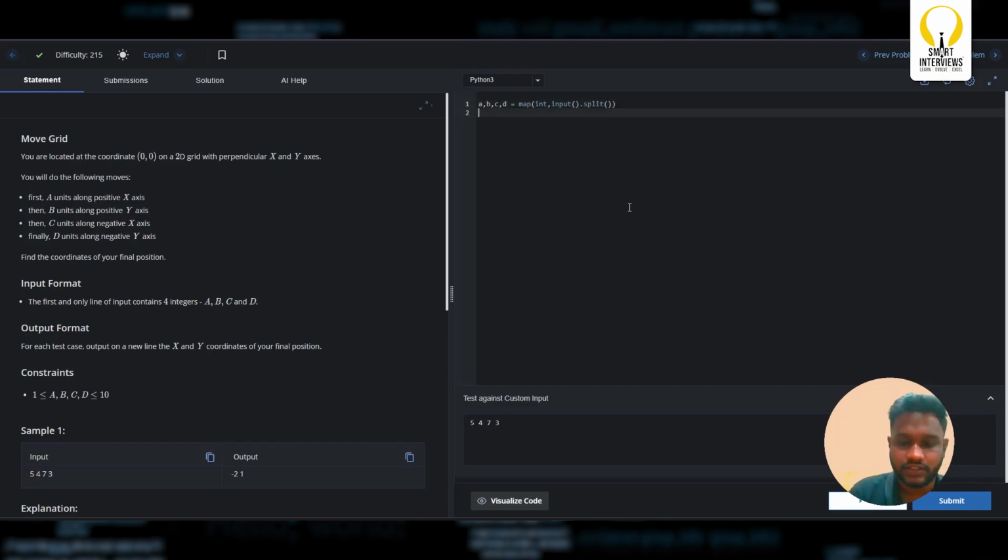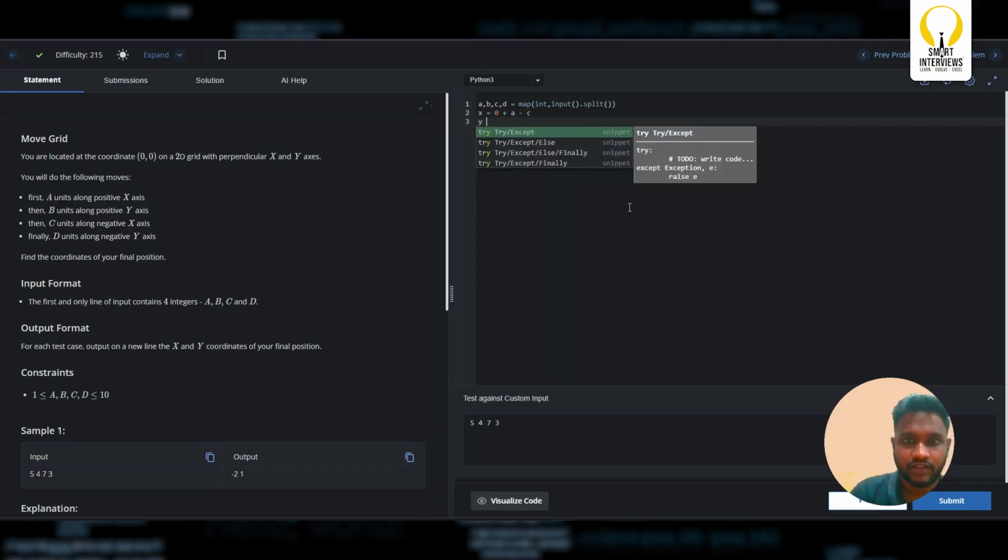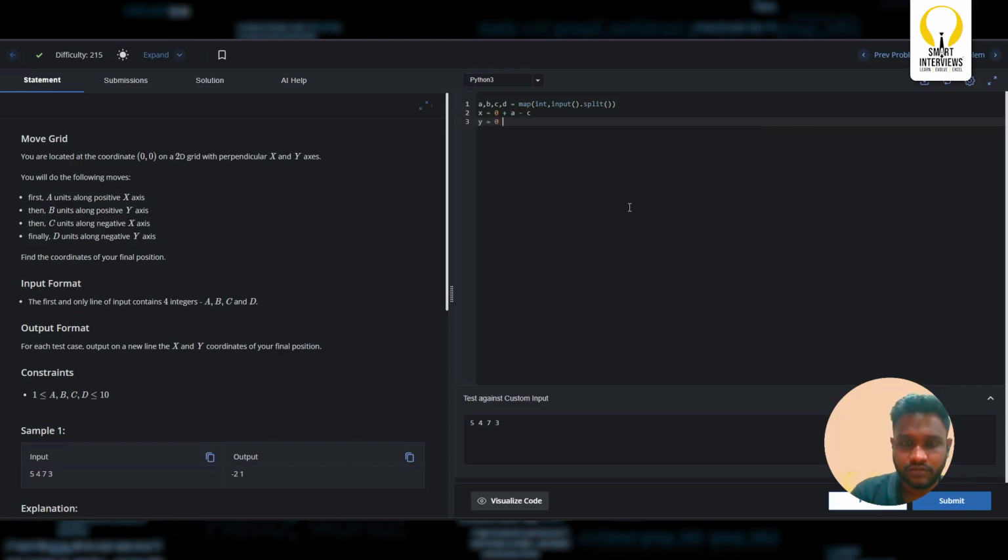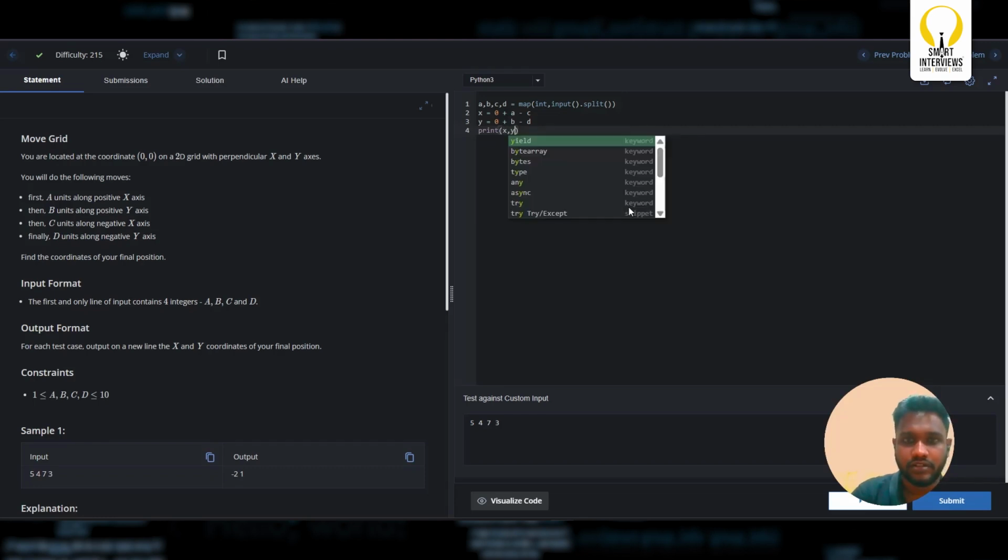And as we just discussed, x will be initially 0, to this we are doing plus A minus C. So this will be our final x coordinate position. y initially at 0 plus B in y positive direction and minus D in y negative direction. After that, we just have to simply print x comma y.